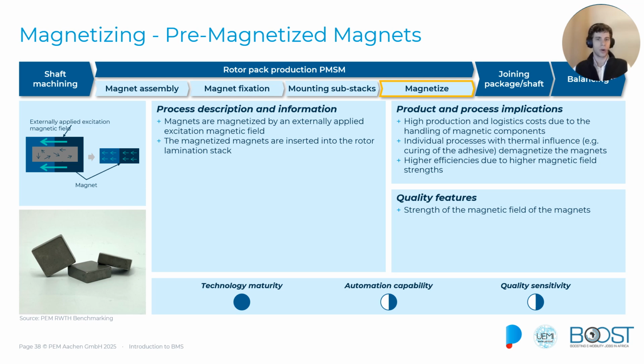Then a strong magnetic field is applied, aligning the domains within each magnet to achieve full magnetization. Once fully magnetized, the magnets are carefully handled and assembled into the rotor, but this comes with some troubles. But we should ensure that they retain their magnetic properties for optimal performance during the operation.